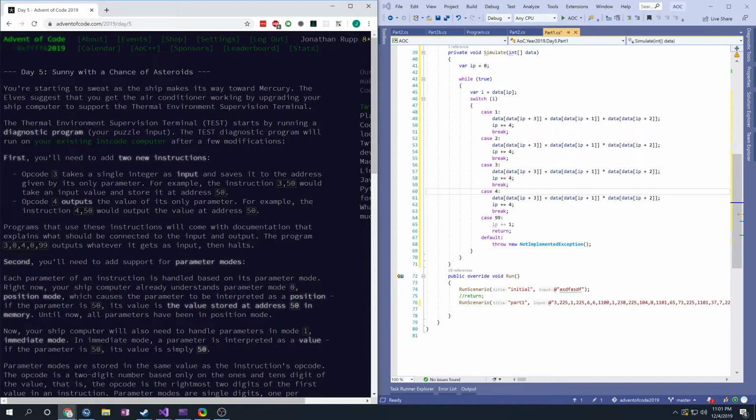Opcode 4 outputs the value of its only parameter. Output the value stored at address 0. Okay.